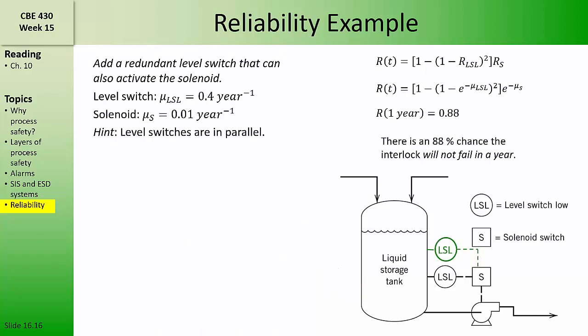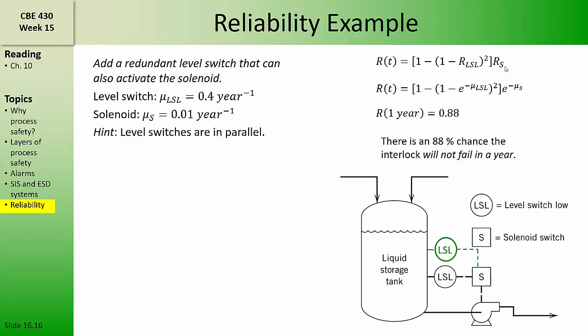Next, let's consider our second alternative, which is to have a redundant low-level switch in parallel with our original low-level switch, where either of these two switches can actuate the solenoid. We'll assume that the reliability of the second low-level switch is the same as the reliability of the first low-level switch. So the reliability of these two components in parallel is 1 minus R squared.